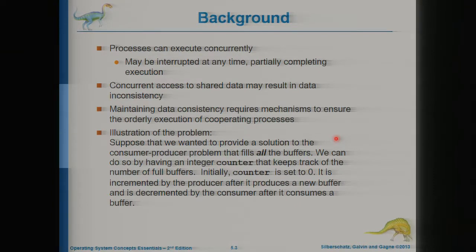But what happens if both producer and consumer take the value 5 at the same time and manipulate the value at the same time? In that case, the producer will say 5 plus 5 is 10, and the consumer says 5 minus 3 is equal to 2. The producer is producing 5 new products and adding to the stock, and the consumer is consuming 3 products and decreasing the stock.